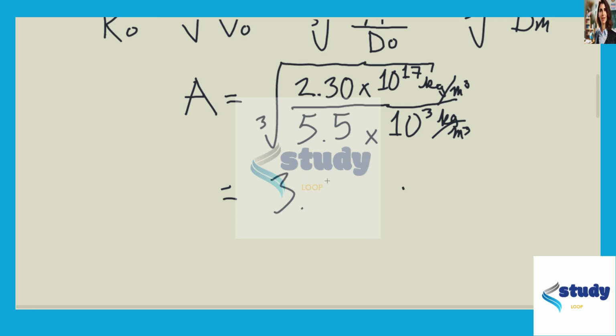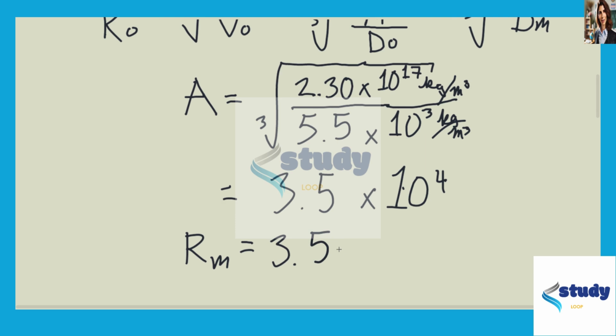This is equal to 3.5 times 10 to the fourth. So the modified radius, if a uranium nucleus was to have the density of the Earth, its radius would be 35,000 times larger than it is having the normal density of atomic nuclei.